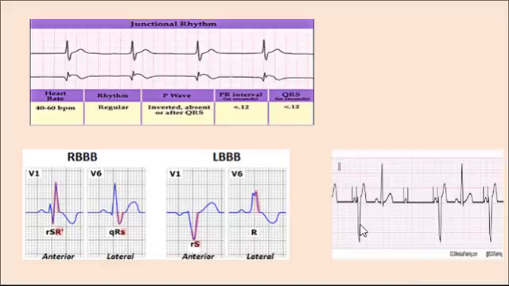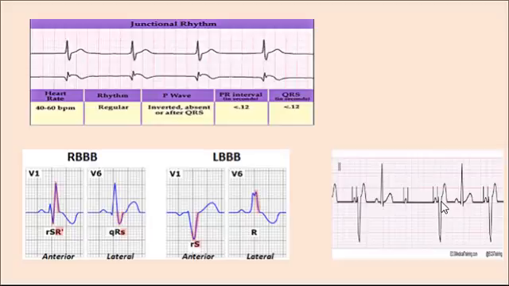This is just to show you when somebody has a pacemaker, you can see what's called pacer spikes. This one person has an atrial ventricular pacer. How do I know? Because I see a pacer spike before the P wave. So that is a pacer spike stimulating the atrium to contract.